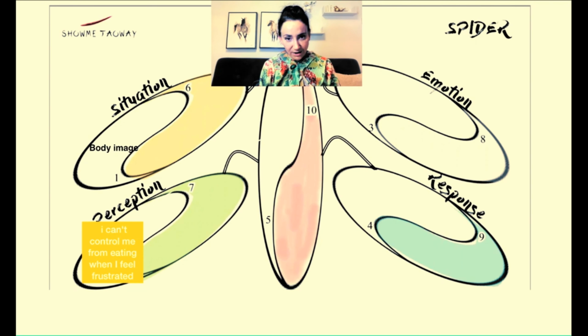So for example, here, for the body image, in the interpretation number 2, I wrote, I can't stop myself from eating when I feel frustrated. Okay? So that can be a great interpretation for the title of body image.